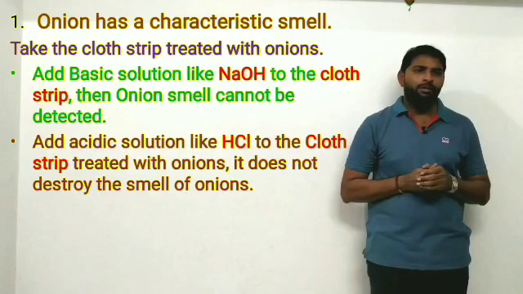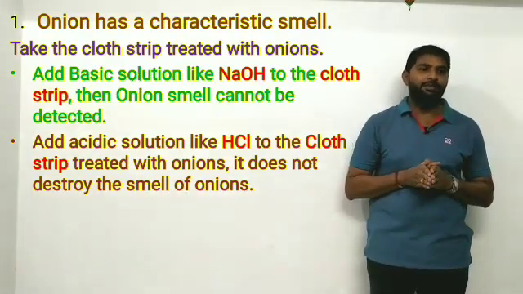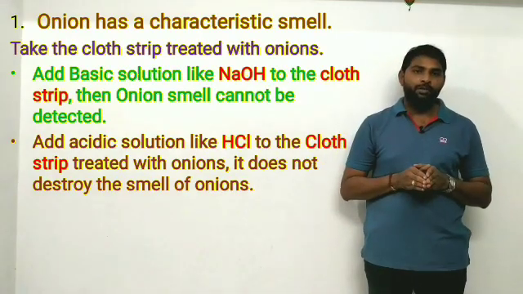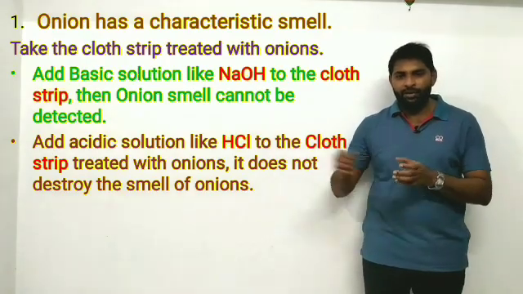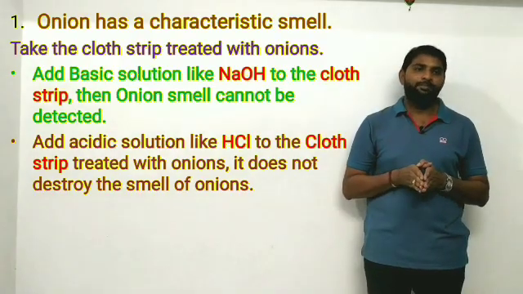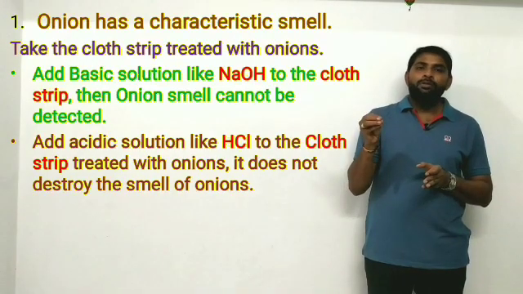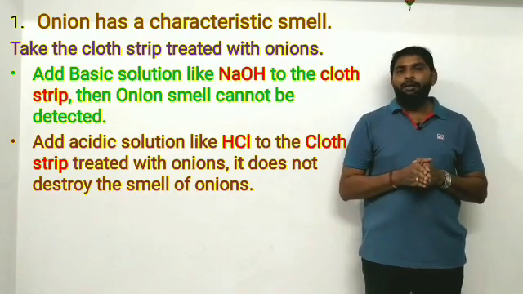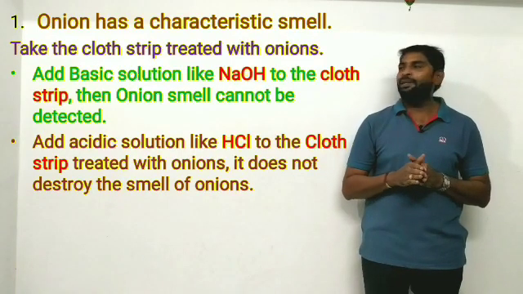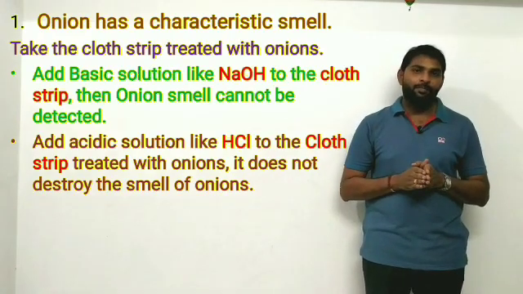Coming to the onion. Onion has a characteristic smell. Take a cloth strip and treat it with onion, then the cloth gets the onion's characteristic smell. If you add a basic solution like NaOH to this cloth strip, then the onion smell cannot be detected. That means it loses its smell.